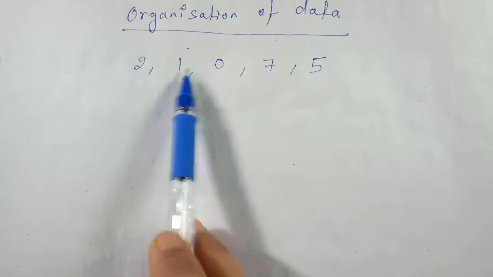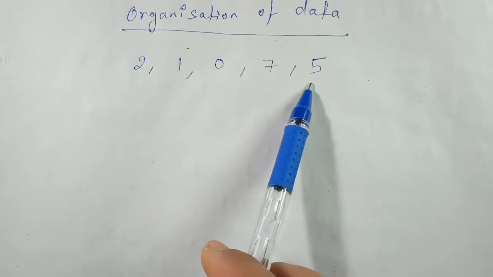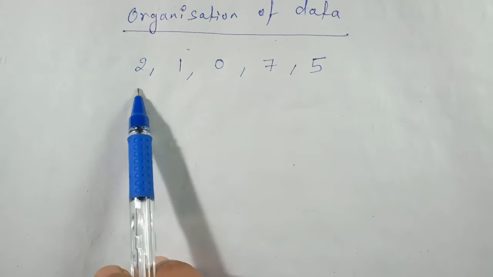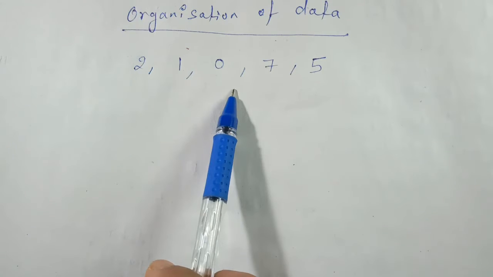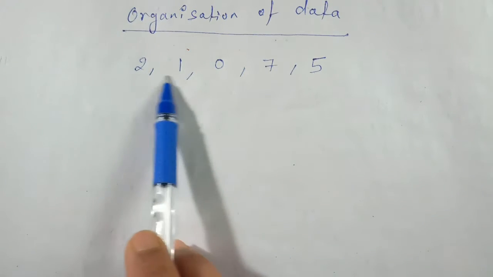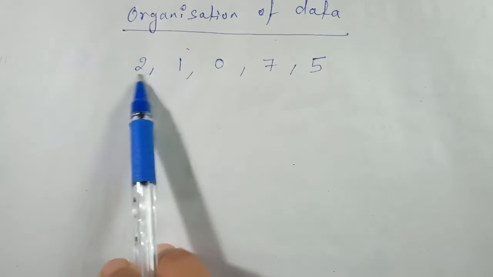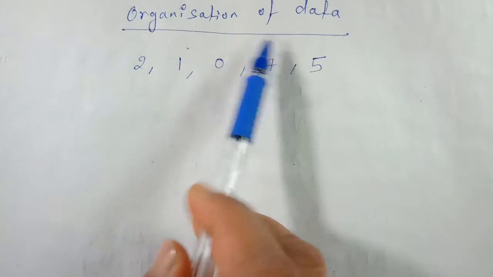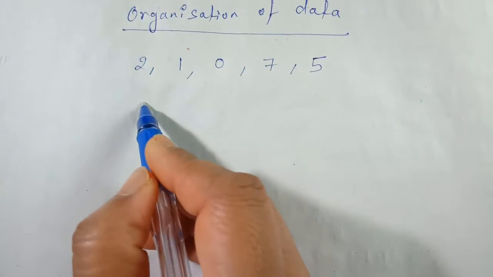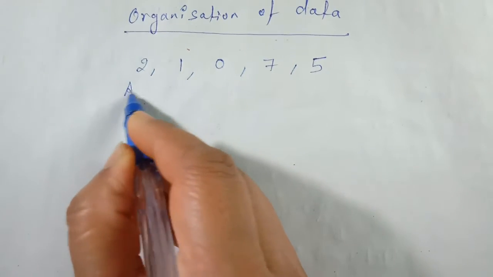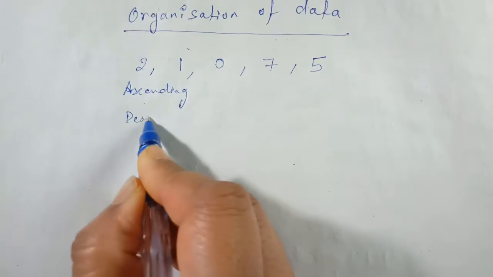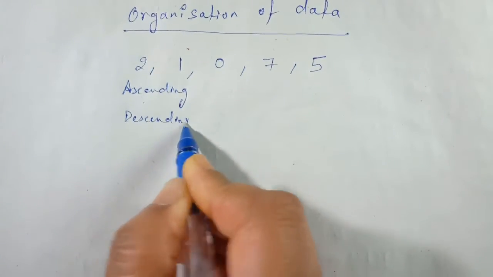The observations are not in any order, meaning from smaller to greater or from greater to smaller. If we arrange them, they will be written in an order. This is called organization of data. If we have very small data, we can arrange it in ascending or descending order.